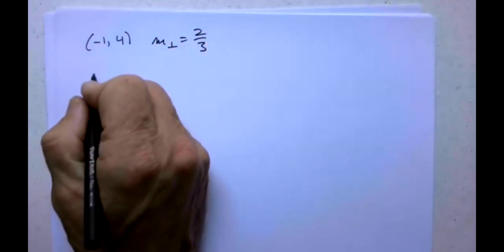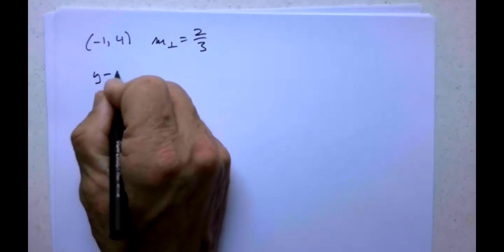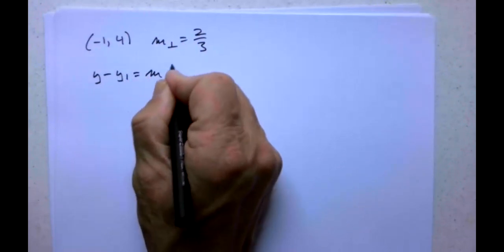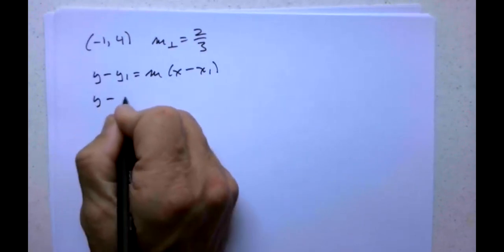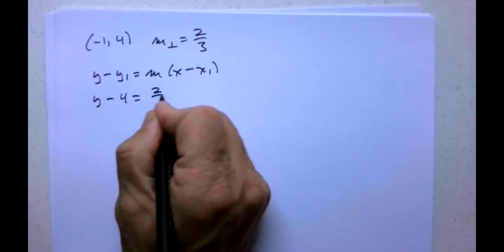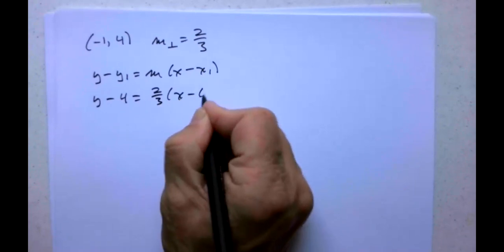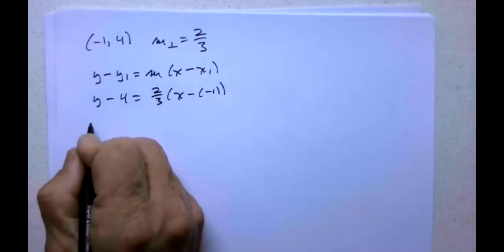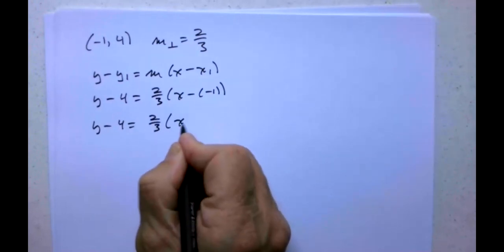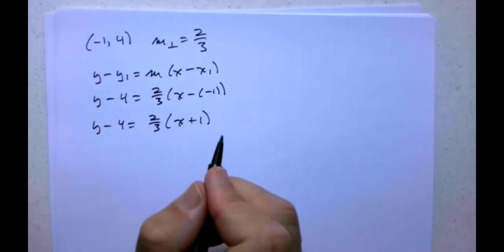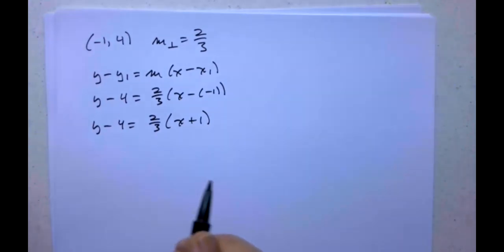I expect many students will want to use point-slope form: y minus y1 is m times x minus x1. So y minus 4 equals 2/3 times x minus -1. Y minus 4 is 2/3 x plus 1. And I always like to do it in slope-intercept form.